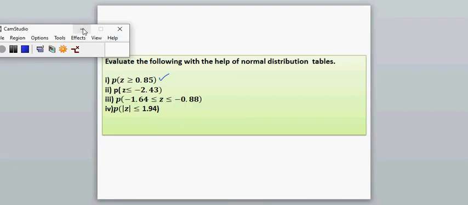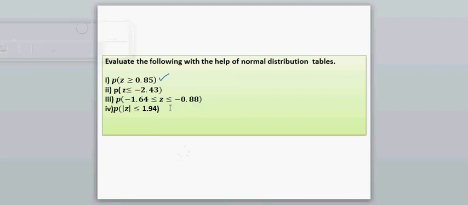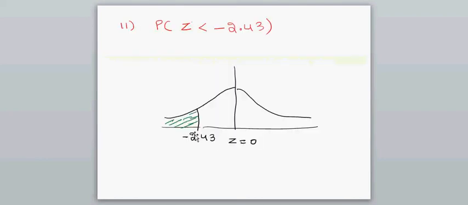Next question, probability that z is less than or equal to minus 2.43. So z less than or equal to minus 2.43, it's the left side of z equals 0 because it is a negative number.